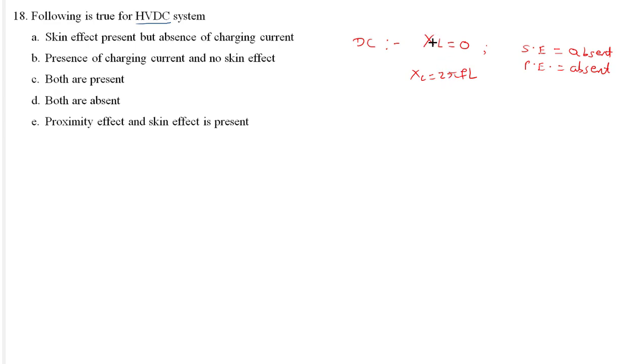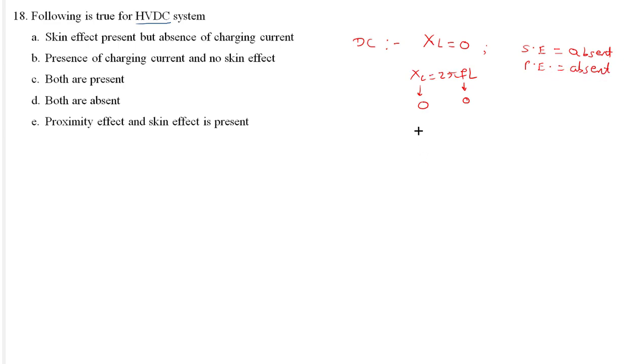So XL, the inductive reactance, is 0, as frequency for DC is 0. And if inductance is 0, the current will be uniformly distributed throughout the conductor surface. So skin effect will be absent, and there will not be any effect of current flowing through the other conductor on the resistance of a particular conductor. Therefore proximity effect will also be absent.